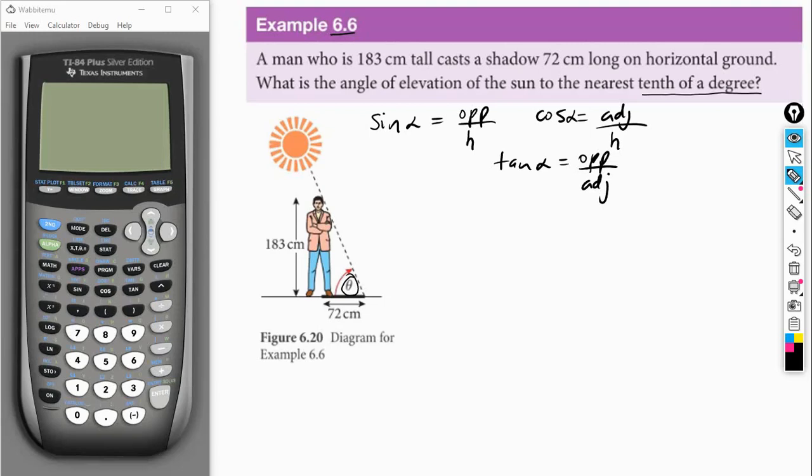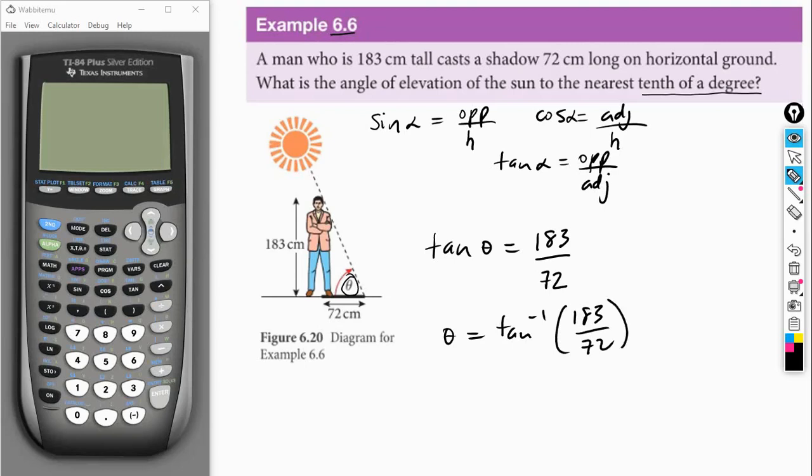So it is obvious that in this case we need to use tangent, because we know that tangent of theta is equal to 183 over 72. But since what they want us to find is the angle, we know that the angle is going to equal the inverse function of tangent of the ratio of 183 over 72.